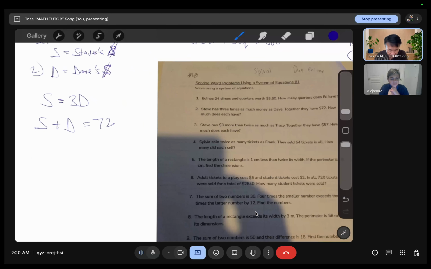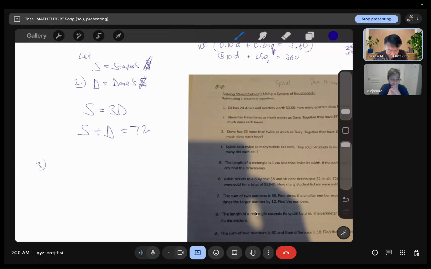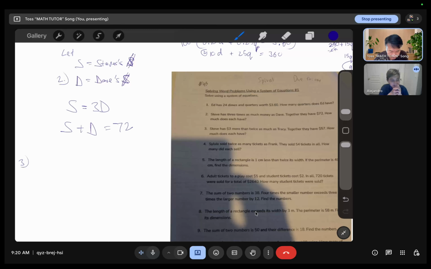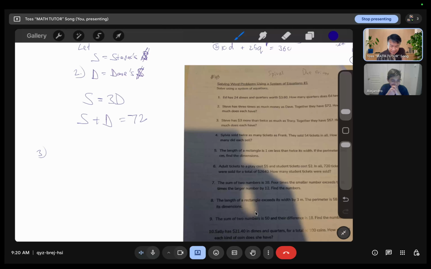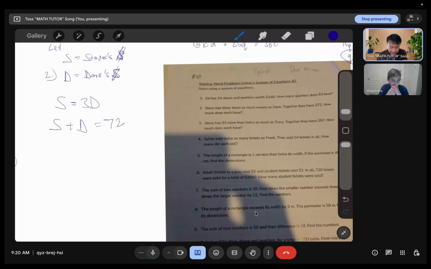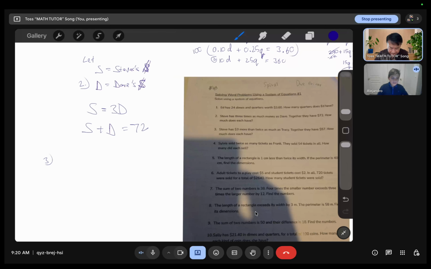All right, let's do the same. S and T. S for Steve, and T for Tracy. So tell me how to set up the first equation. Steve has $3 more than twice as much as Tracy.